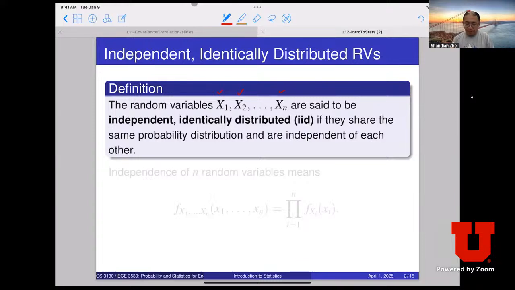We say these n random variables are independent and identically distributed, usually abbreviated as IID, if these n random variables share the same probability distribution and are independent of each other.